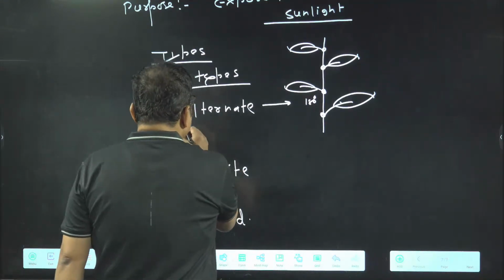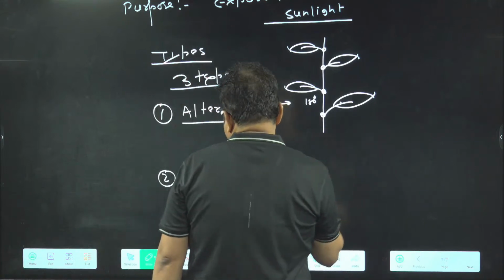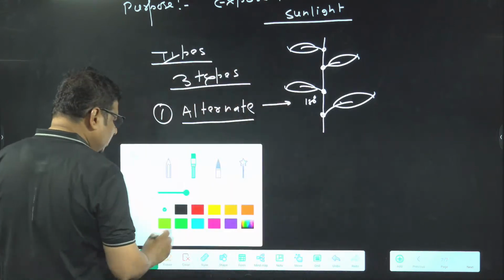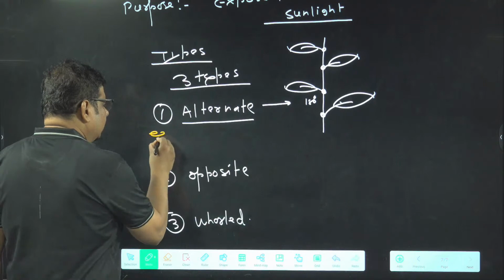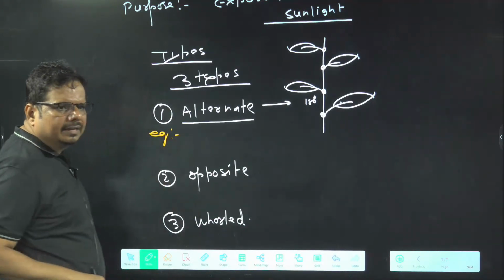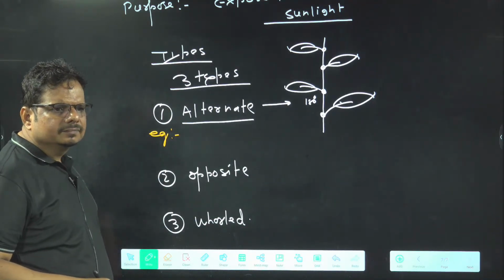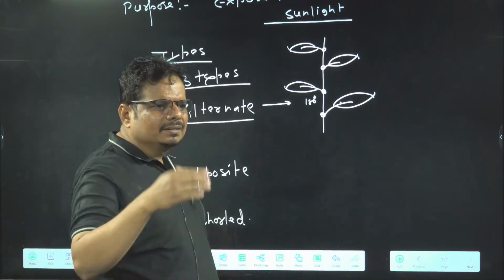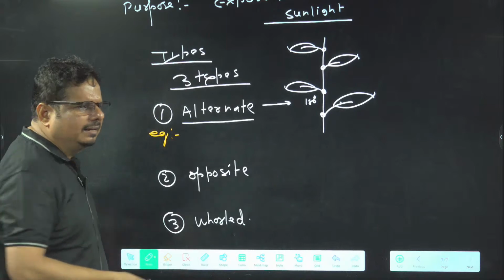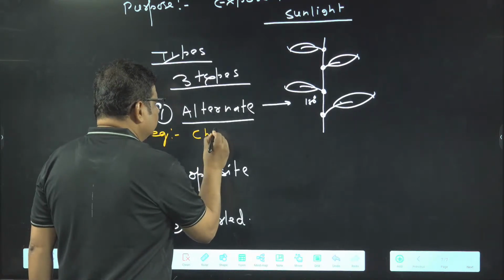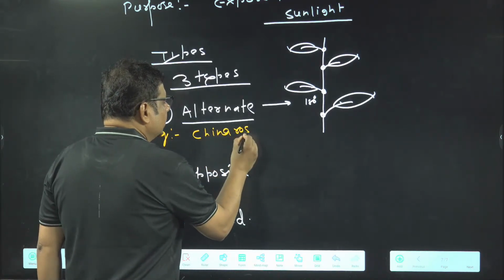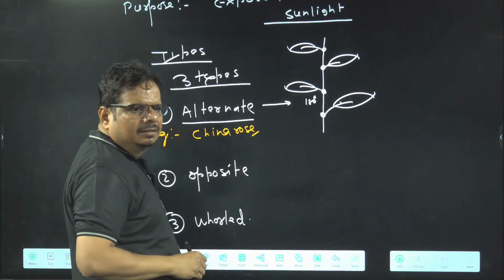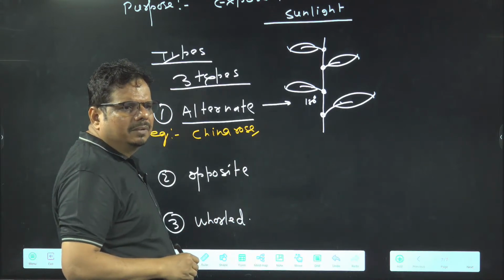So tell me an example of alternate phyllotaxy. Hurry up. It must be by heart, dear children. China rose. A few examples are there. Another example, mustard.